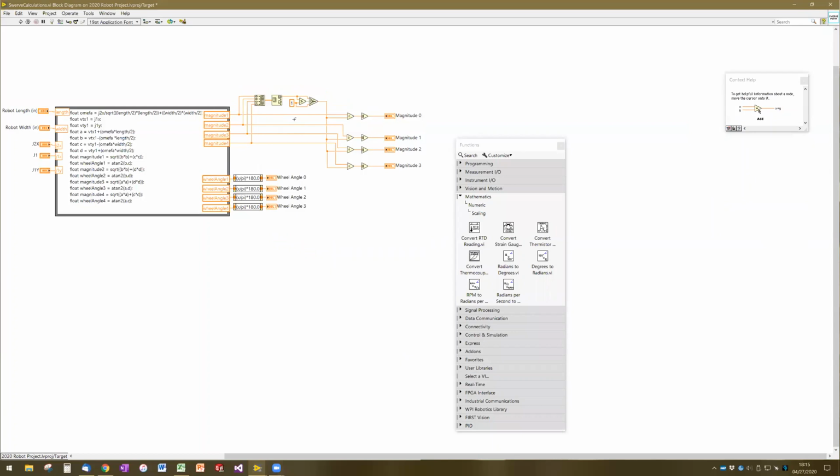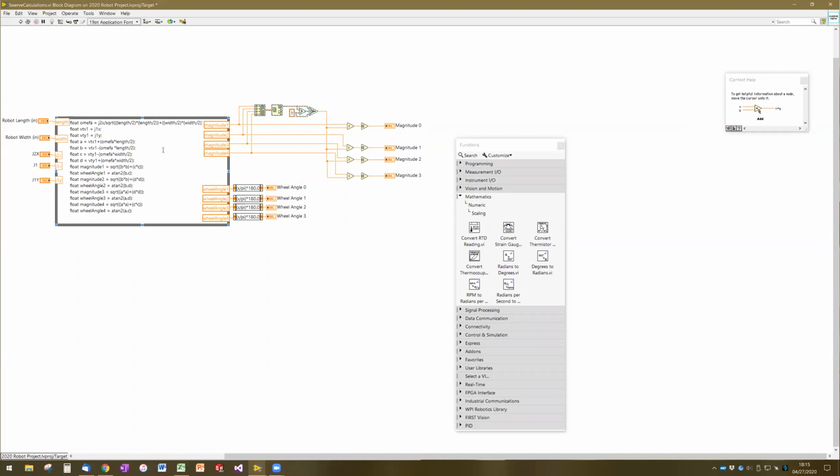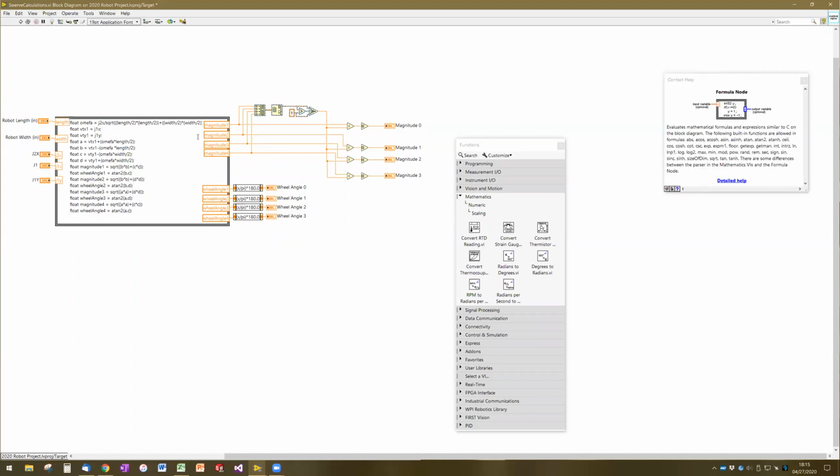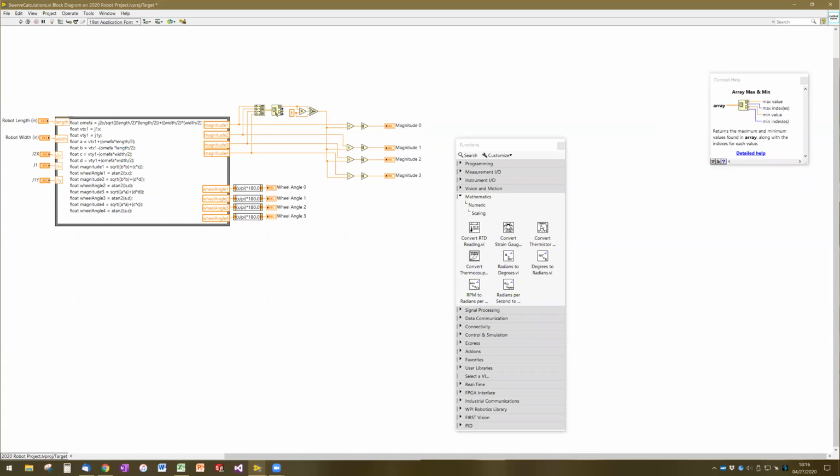And then the other thing that we've got going on is that correction that Alex talked about for what happens if the math ends up commanding motor powers that are higher than 1. And so what's been done here is all of the magnitudes that are output have been combined into an array. The only reason to combine them into the array is that we can use this nifty block that calculates the maximum value within the array.